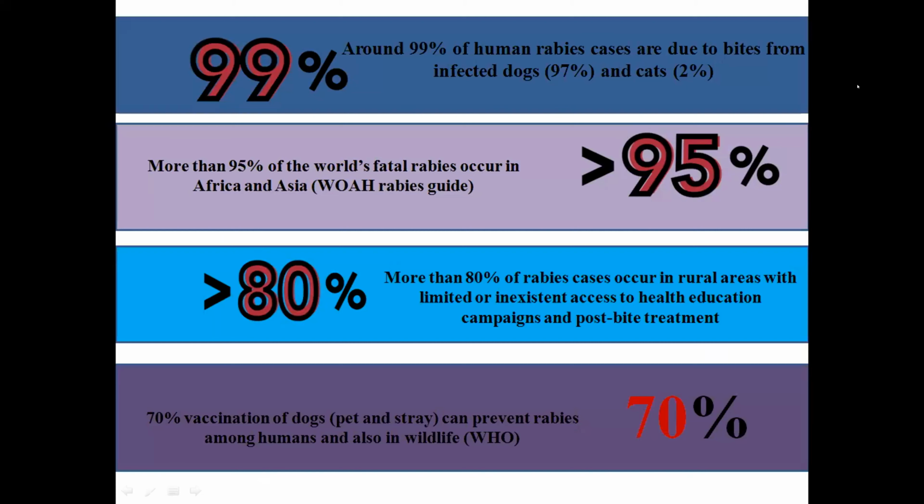These are WHO guidelines, and more than 80% of the rabies occur in rural areas with limited or inexistent access to health education campaigns and post-bite treatment. And WHO says if there is 70% vaccination cover in an area for pets as well as strays, it can prevent rabies in all humans and animals as well as in wildlife.